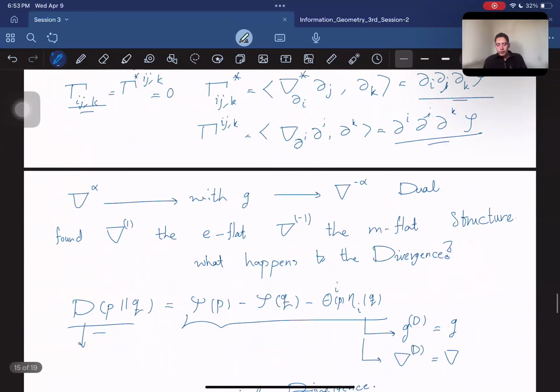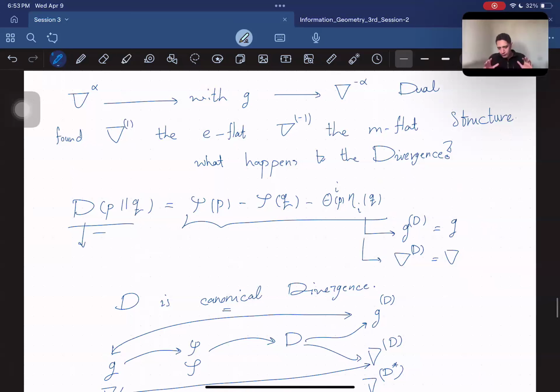Also, we have another very important thing here, that the induced E-flat geodesics are exponential family, and the induced M-flat of the dual of the first is the mixture model geodesic. And both of them are flat.